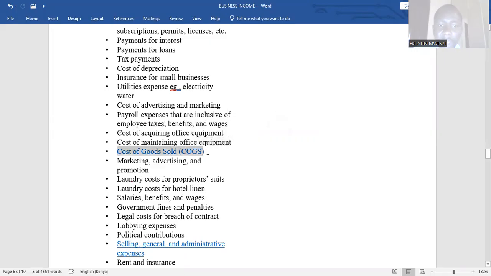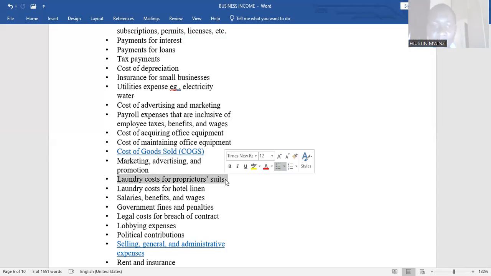Cost of goods sold, those items that you are selling, how would you be in business if you did not buy them? The cost of those items is allowable. Marketing, advertising, promotion is allowable. What about linen for proprietor suits? This guy is running a hotel. He also takes his suits there for laundry.